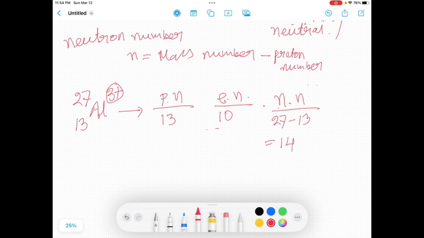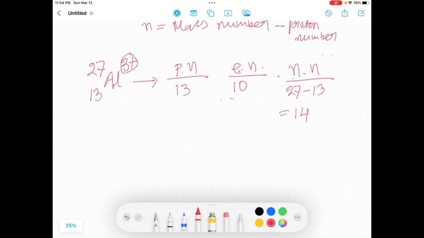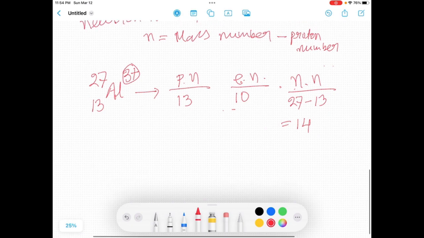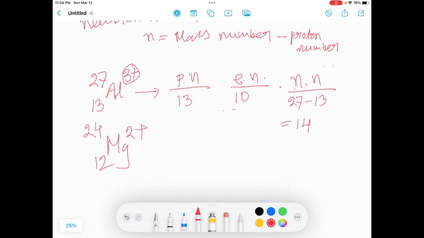Now I hope you already understand, so you can determine the proton number, electron number, and neutron number from any neutral element or any charged ion. Let's try magnesium Mg2+, which is 12 and 24.